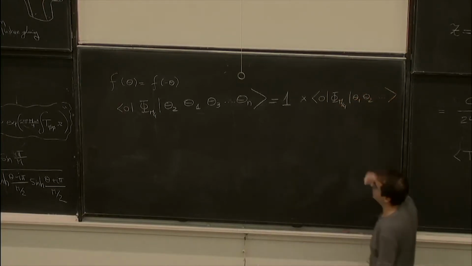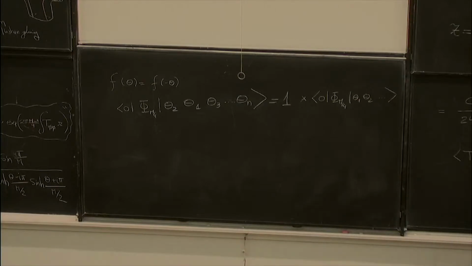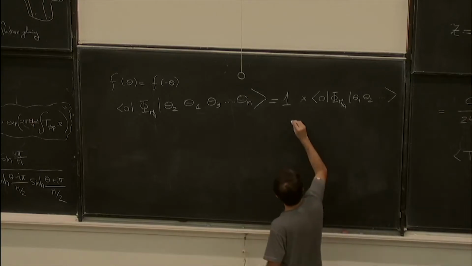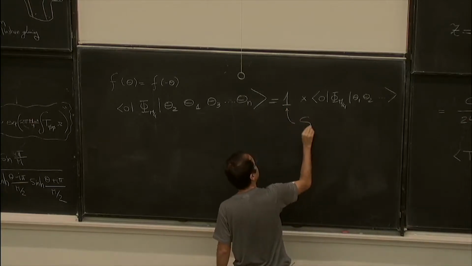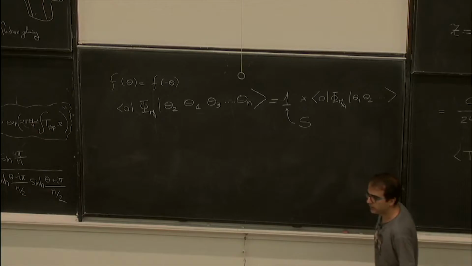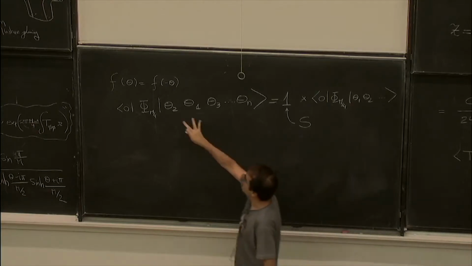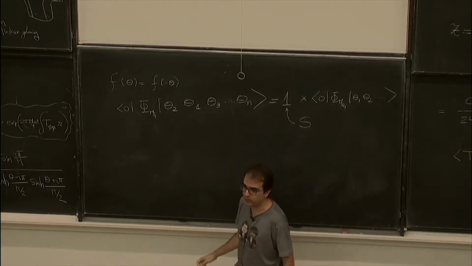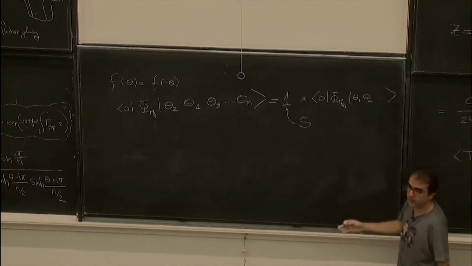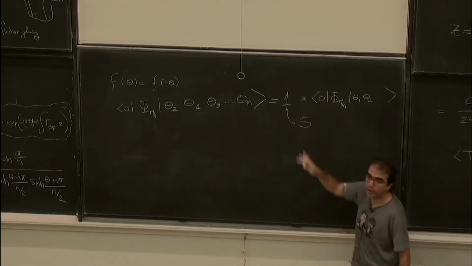And I can do this for any consecutive pair, because once I do it for any consecutive pair, then I can do it for any thetas. The interpretation of this equation is that this 1 is the S matrix of the free boson. And what this equation is saying is that if I swap two particles, I pay the corresponding S matrix. But here, it's just a free boson, and we get a 1.